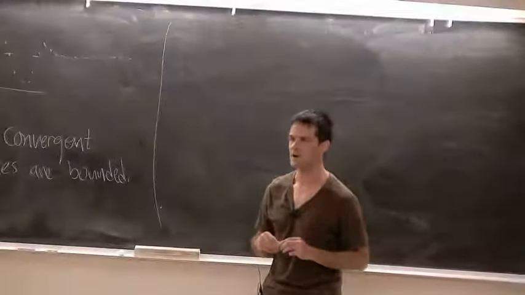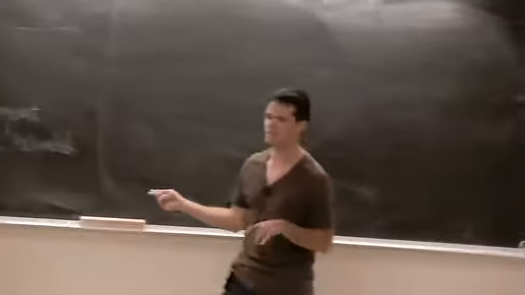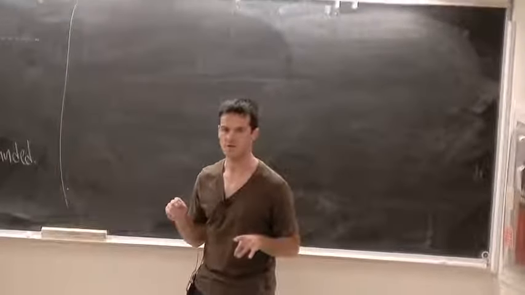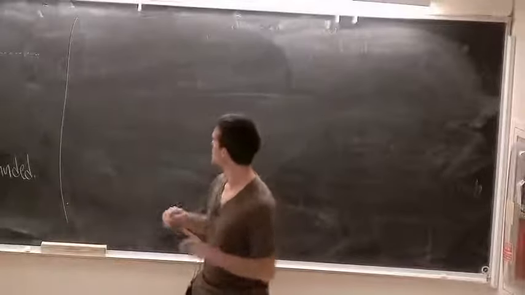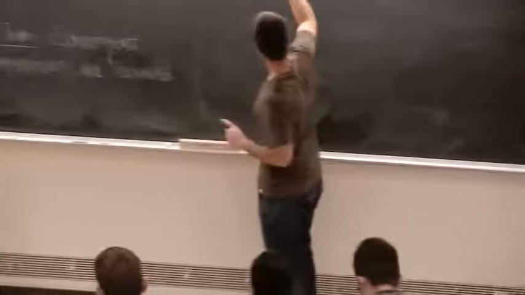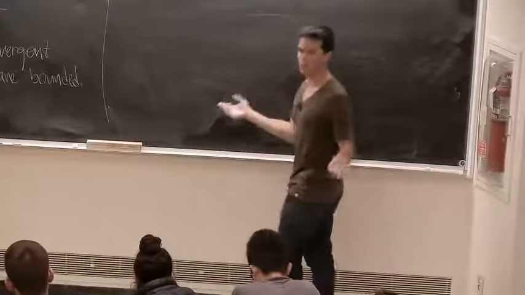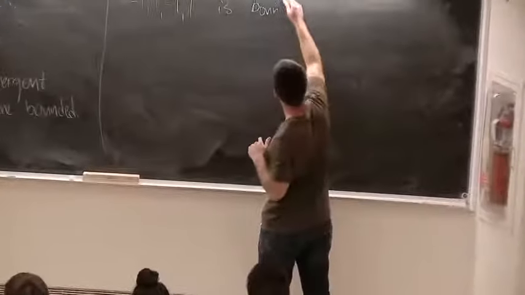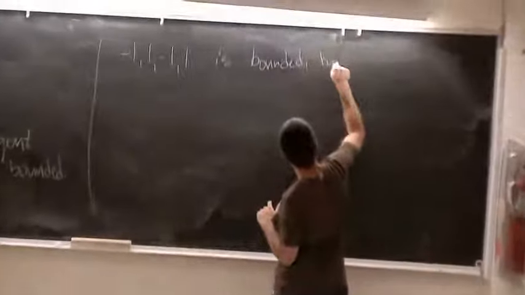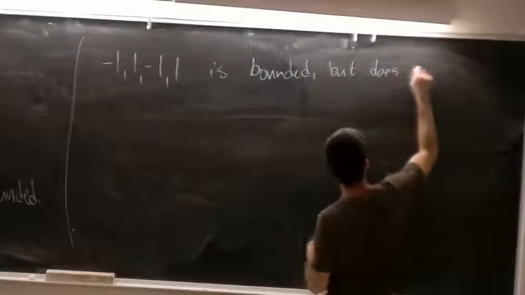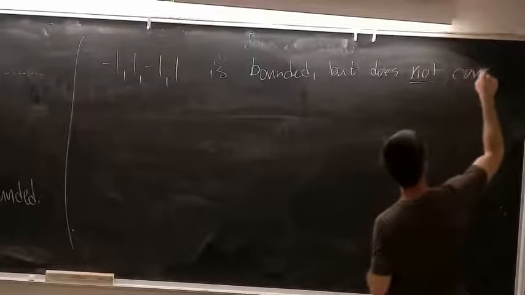Anyone remember? It was one of the examples I already did. It's bounded, but it does not converge. The alternating sequence -1, 1, -1, 1 is bounded between 1 and -1, for example, but does not converge.